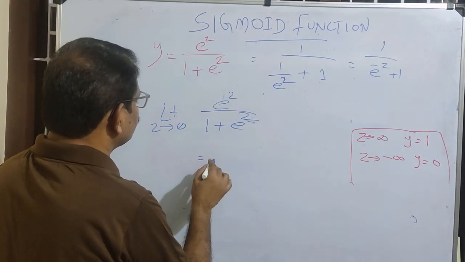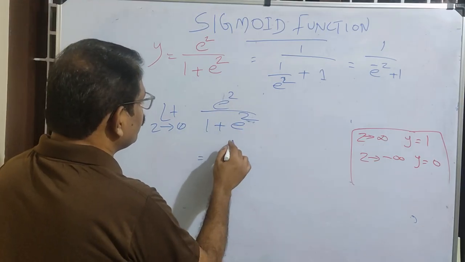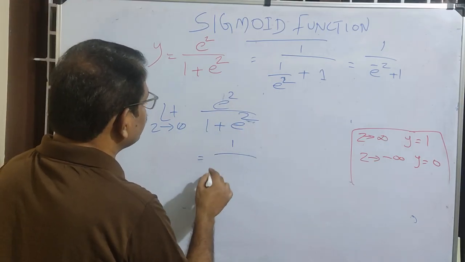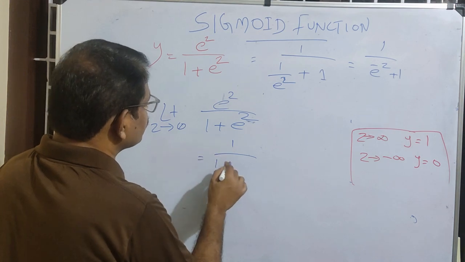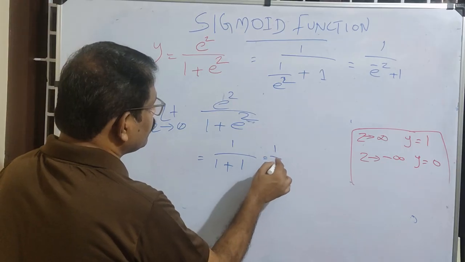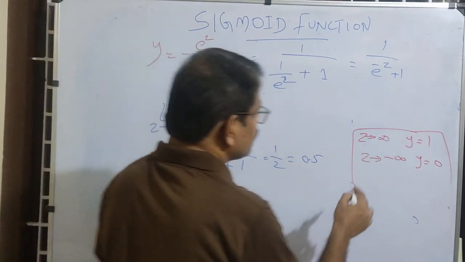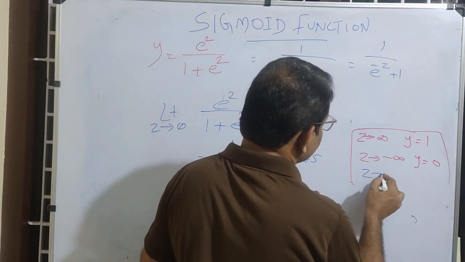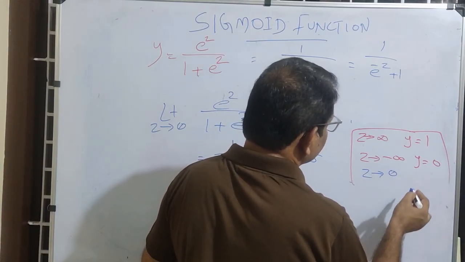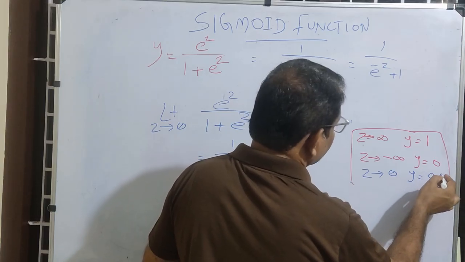When z is 0, e raised to z will be 1, divided by 1 plus e raised to z, which is 2. So it will be 1 by 2 is equal to 0.5. That is, when z is 0, y equal to 0.5.